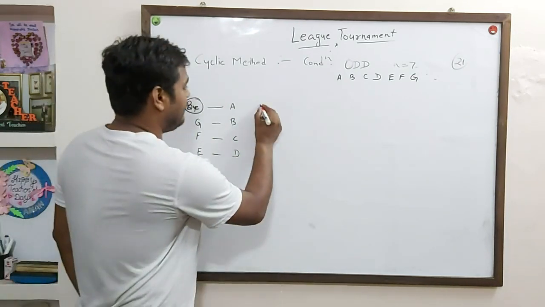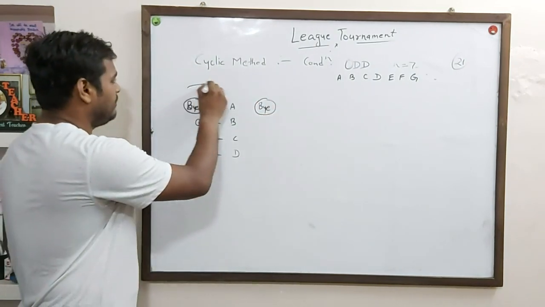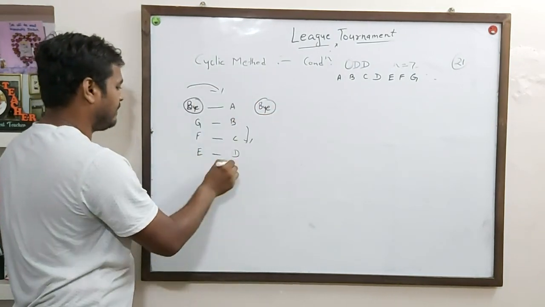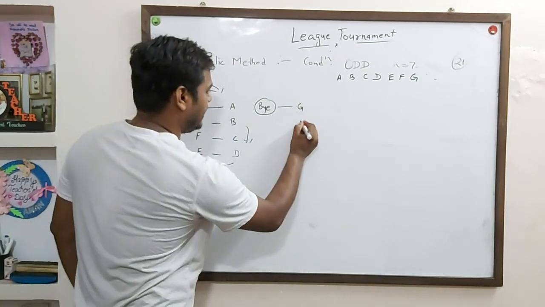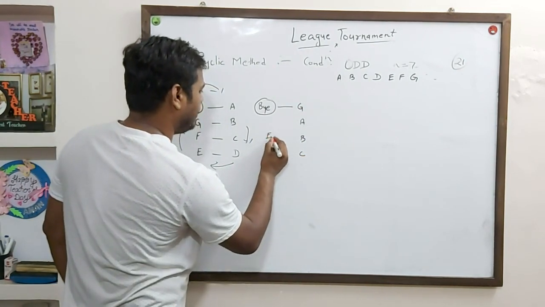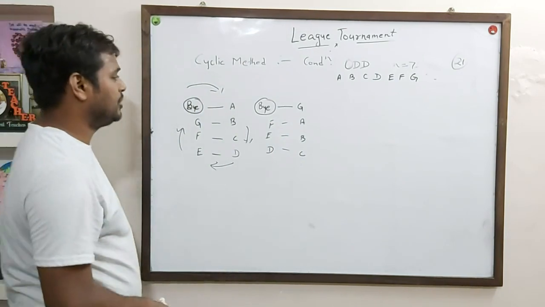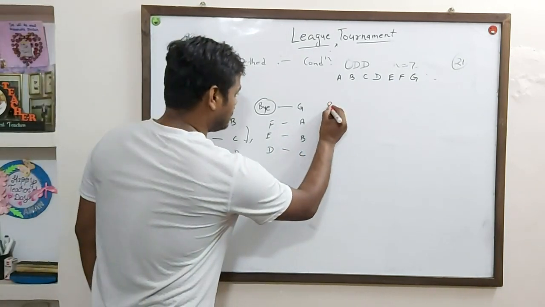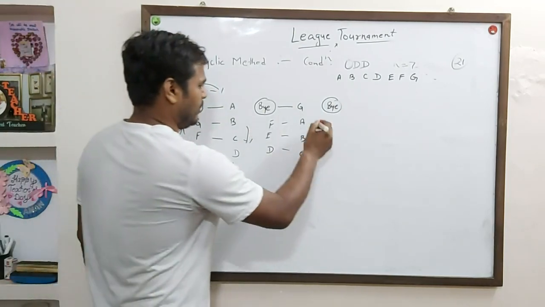Again bye will remain in its place and the rotation will be clockwise, this way. So in place of A, G will come, then A, B, C, D, E, F. All will change their positions. Again bye will be at its place and rotation will take place.